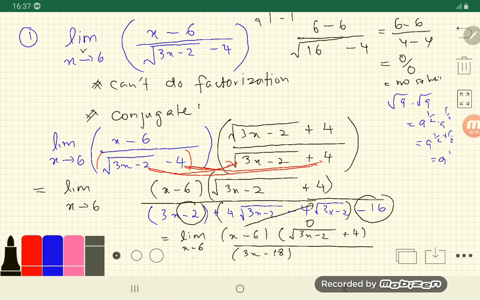Okay, now if you still try to substitute the value of x approaching 6, I think it's still no solution for it.